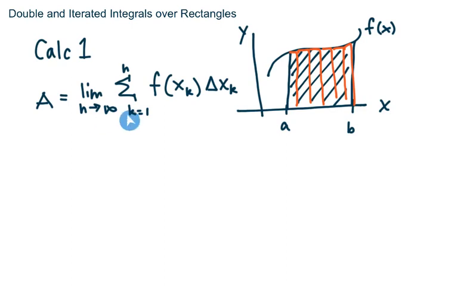Okay, so this Riemann sum definition or the limit definition of an integral, that built us towards understanding that this represents the integral from a to b of some function of x.